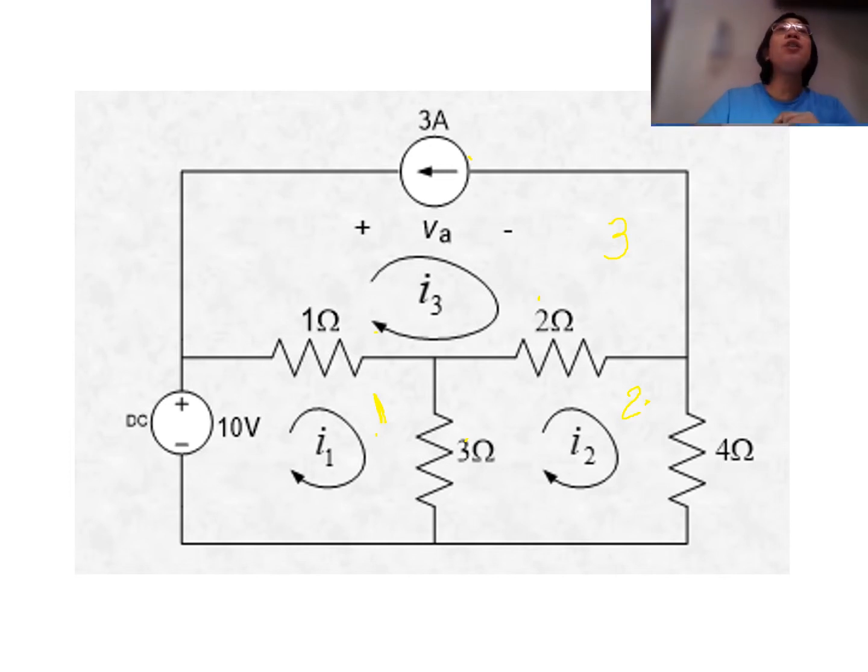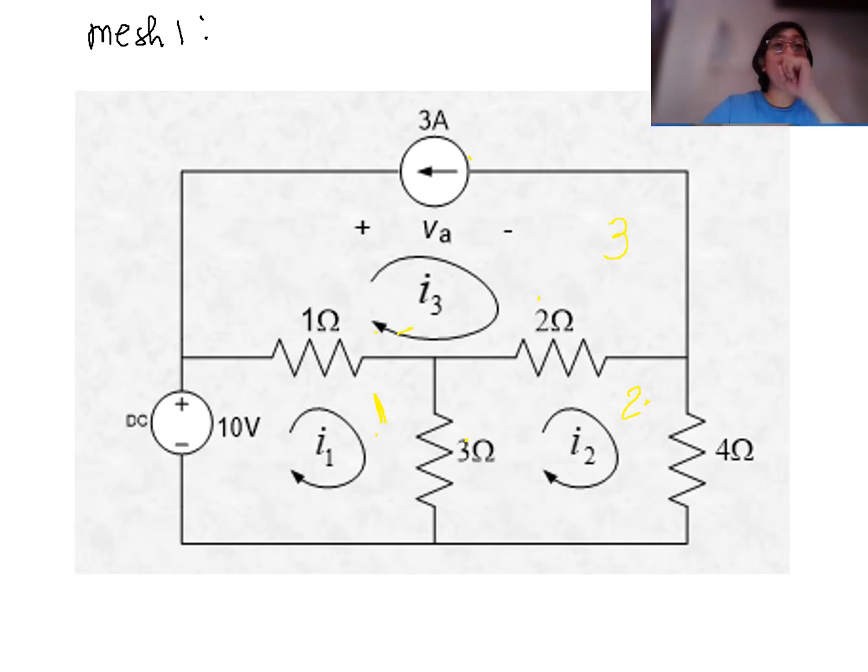So what are our 3 equations? For mesh number 1, that means we are solving for I1. Let us look first at the source. If we follow this clockwise rotation here, we will be going out at positive 10 volts.